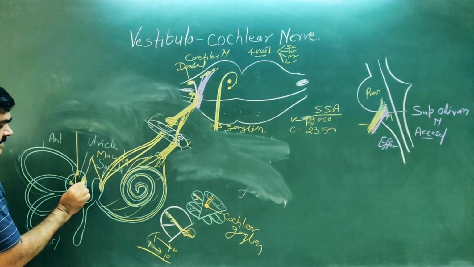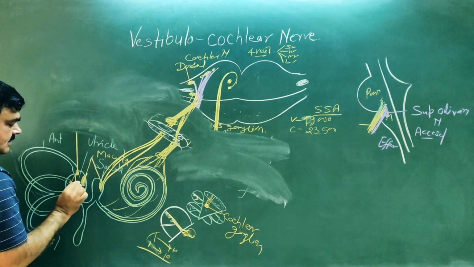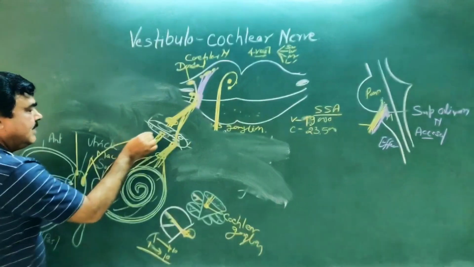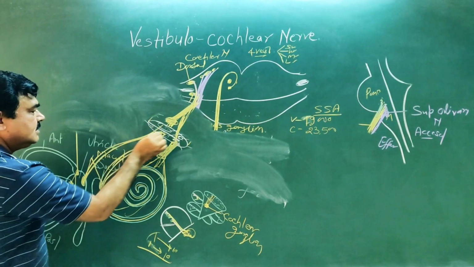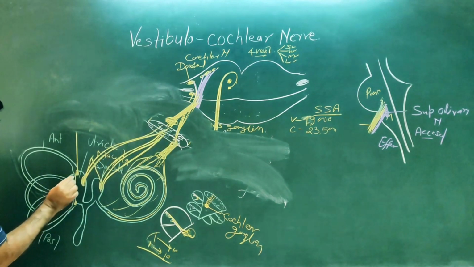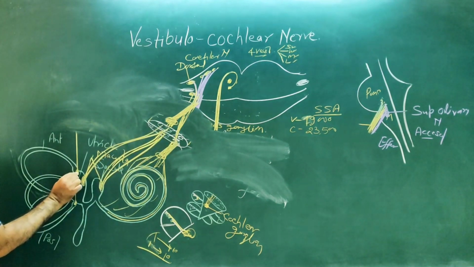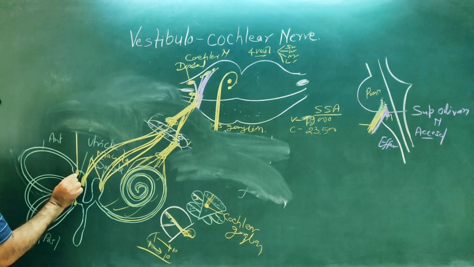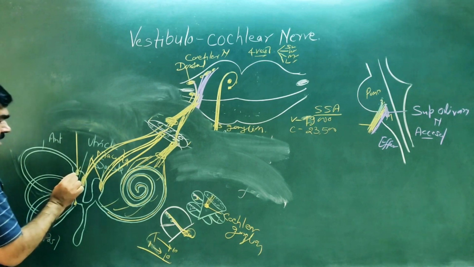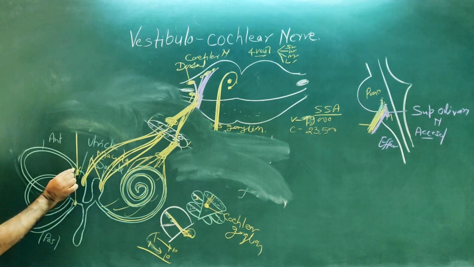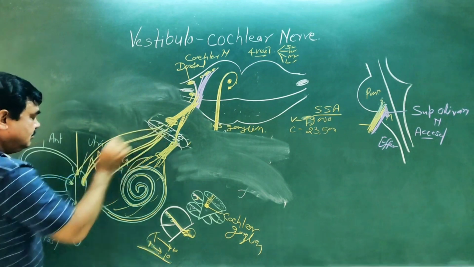The fibers from the macula of the utricle go into this, and fibers from the crista ampullaris of the anterior and lateral semicircular canals go into the superior vestibular area.